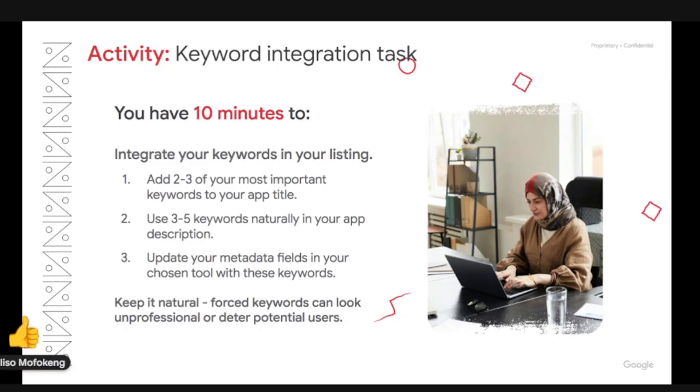So some of the keywords are not really so direct to your app business as such. It could be something that they search. In this case, for instance, let's look at Darren's business. If someone is looking at sports betting in South Africa, and then Darren's app pops up, there's more likely going to be a conversion, because it's an enabler. It's one of the enablers within the ecosystem. So when you look at the keywords, look at the ecosystem as a whole, and that ecosystem will tell you exactly where different keywords are well placed.